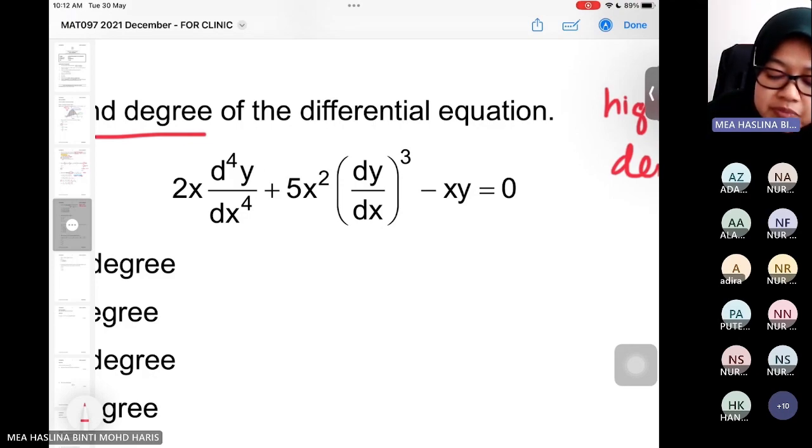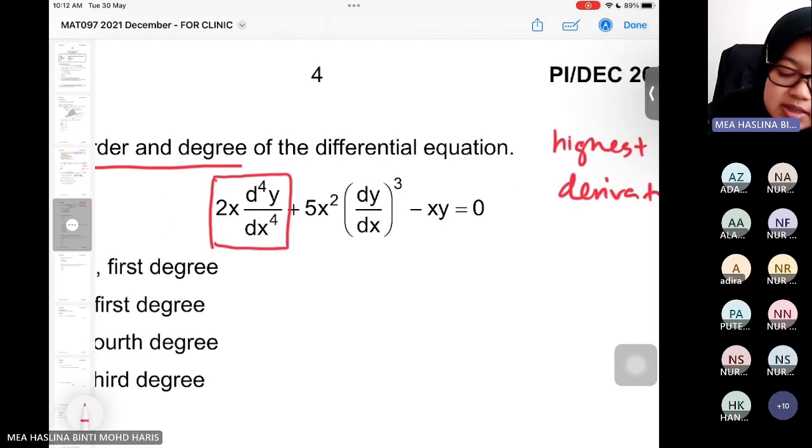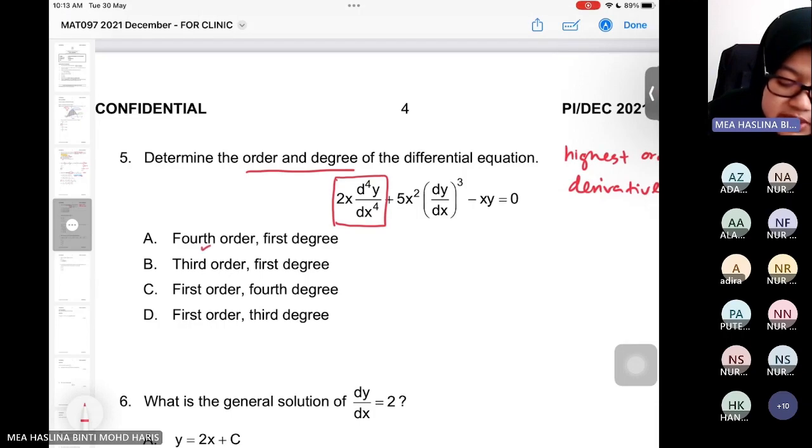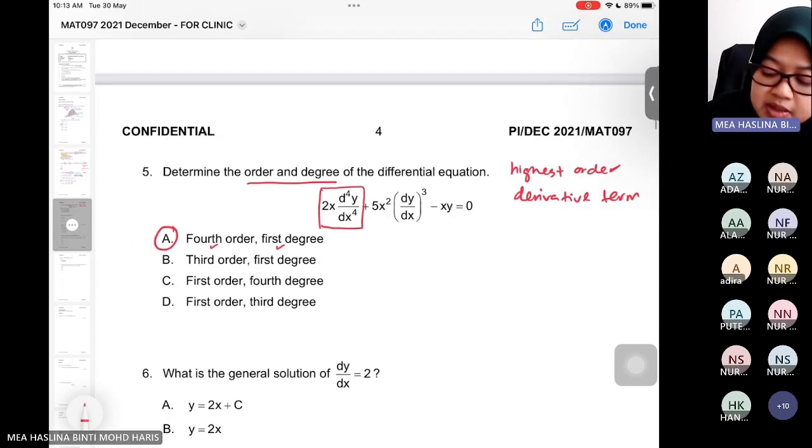And for the second term, the order is 1. So you have to look at the term with the highest order derivative. The order is fourth order. And the degree, only to the power of 1, so it's first degree. So that's why the answer is A, right?